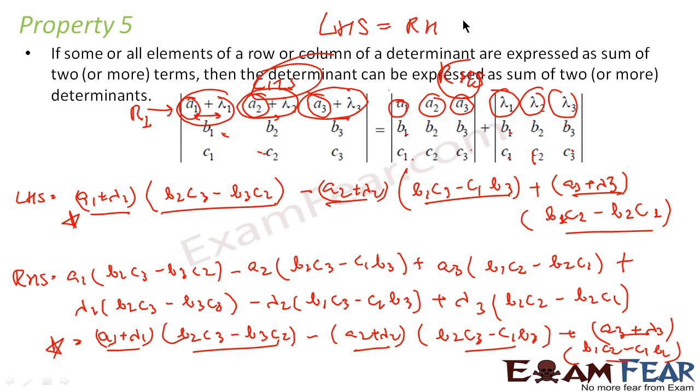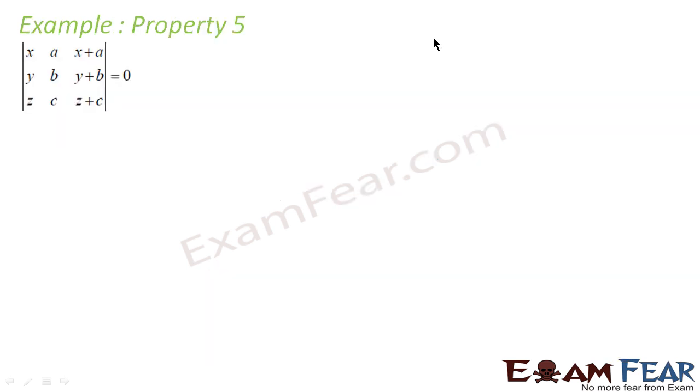I just used the crude way, expanded this and proved that my LHS is equal to RHS. Let me take an example using property 5 to prove that this is 0 without even expanding. Property 5 says that if a row or column is expressed as sum of two numbers, we can split the determinant.